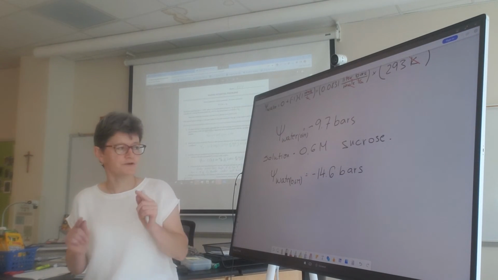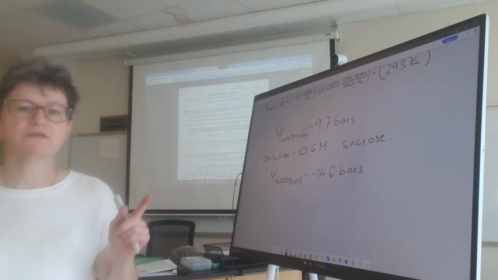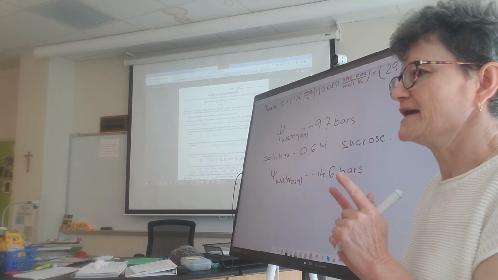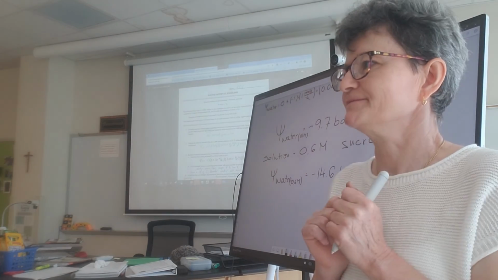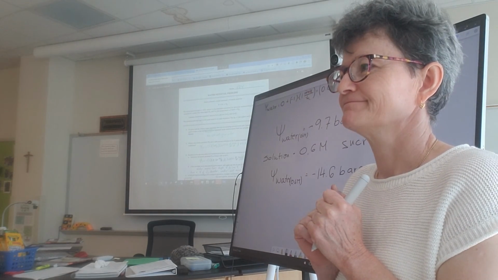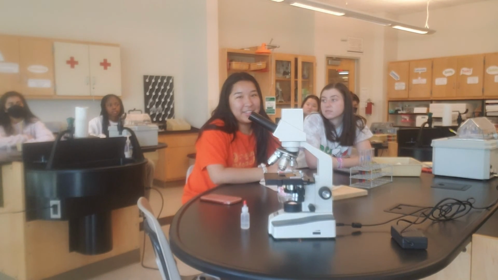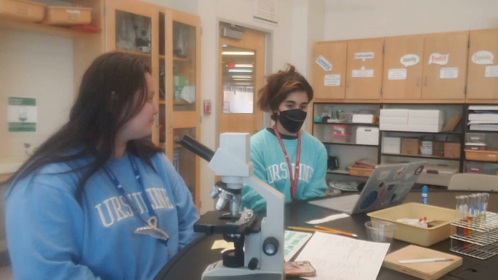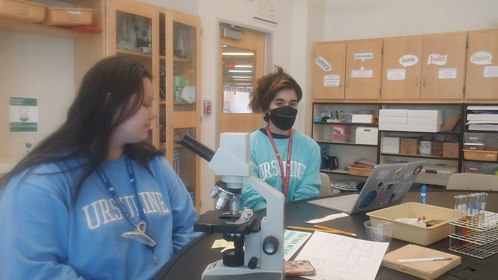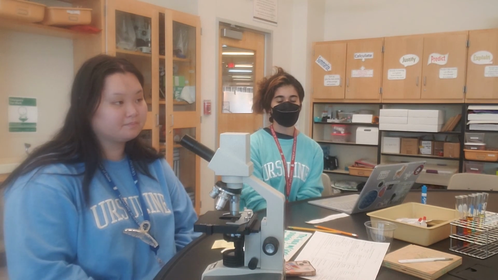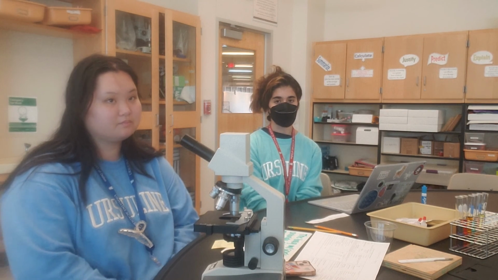What can you notice between the tonicity and the water potential? Yes? As the tonicity increases, the value of the water potential decreases. So in that case, we can say that the water moves from a higher water potential to a lower water potential.